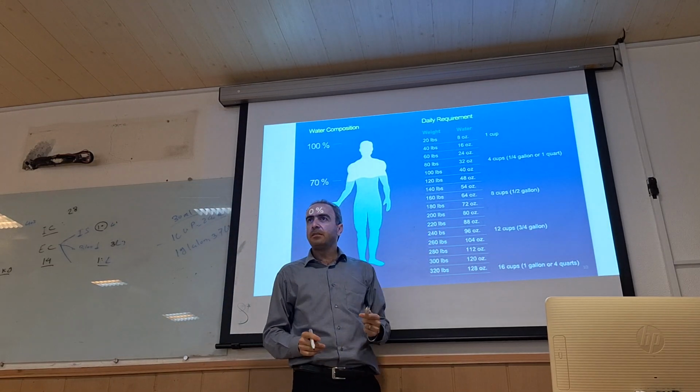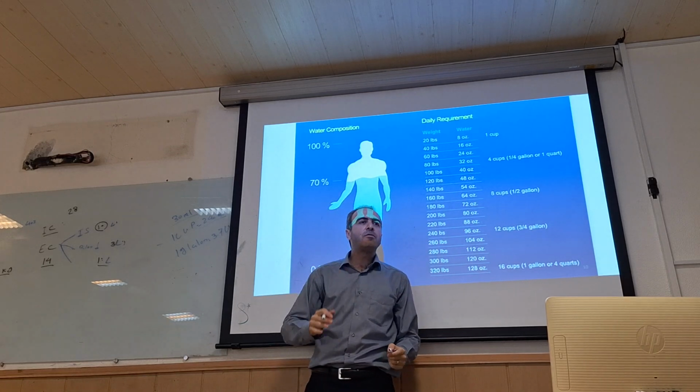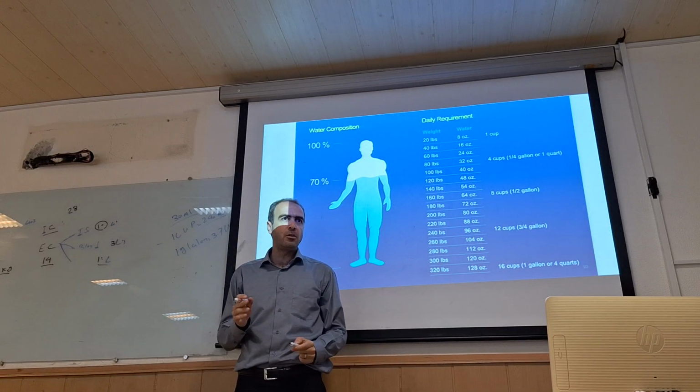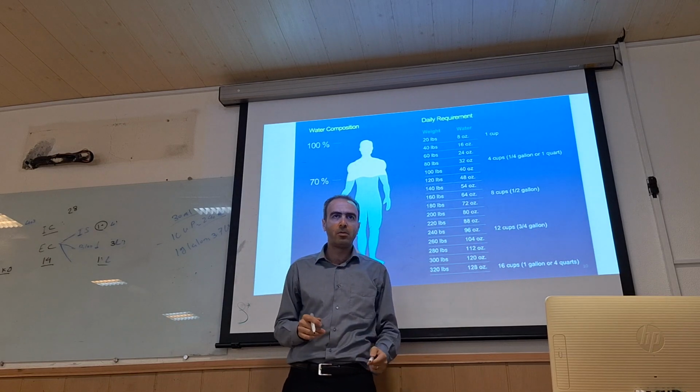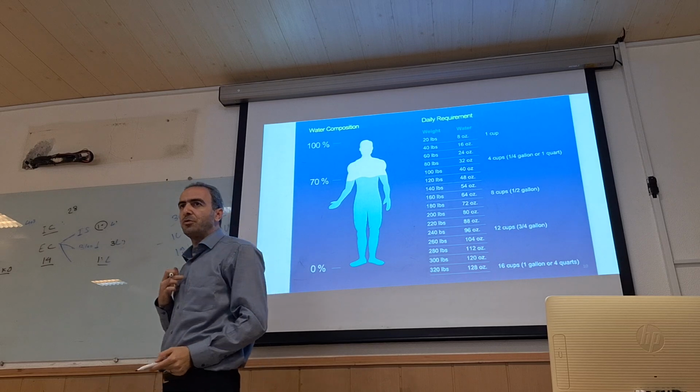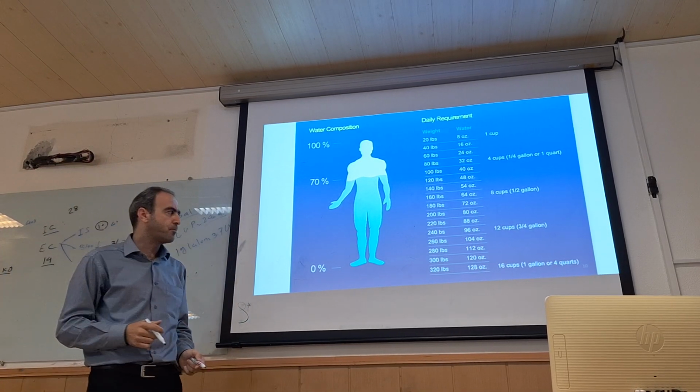So daily in our body we need nearly 1.5 liters to intake, which is equal to 8 cups. So we should drink 8 cups daily to provide enough water for our body.